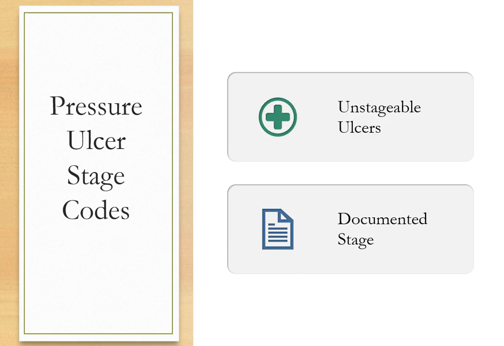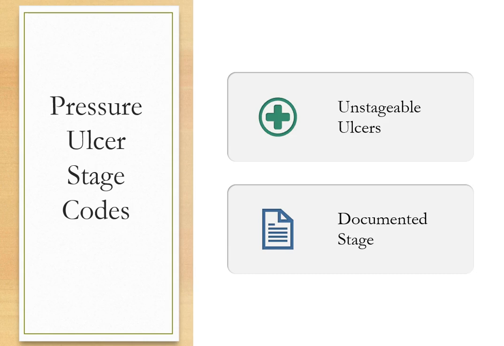Okay, so we have situations where the stage is actually unstageable. Here, you want to allow your clinical documentation to guide the code assignment for unstageable. And this is used when the provider cannot clinically determine the stage of the pressure ulcer, and for pressure ulcers that are documented as deep tissue injury, but not documented as due to trauma.